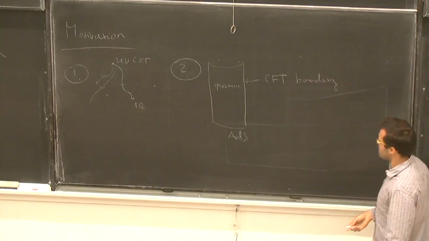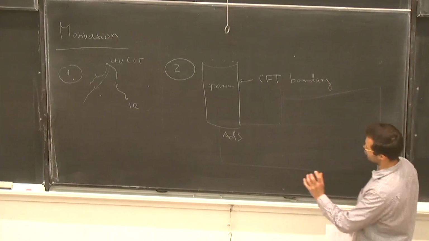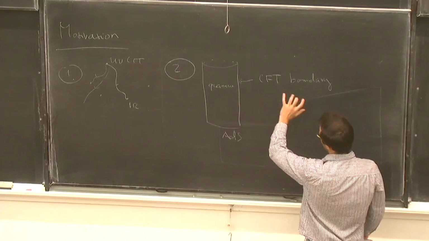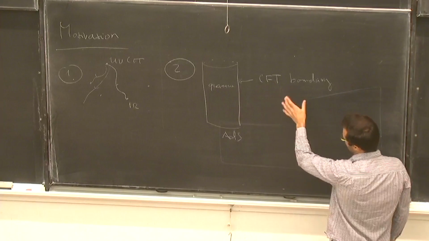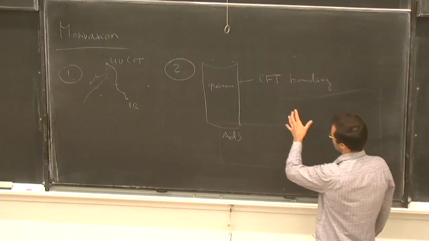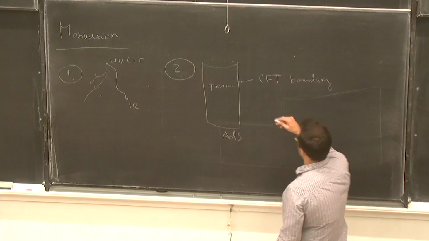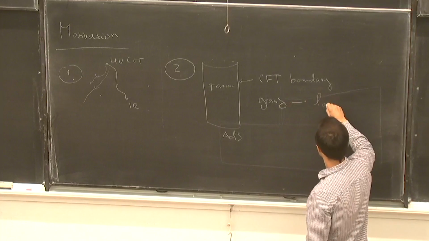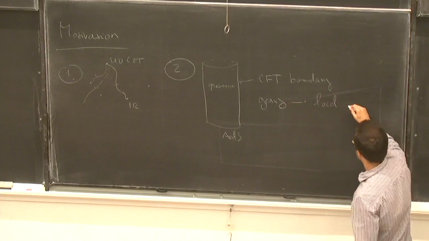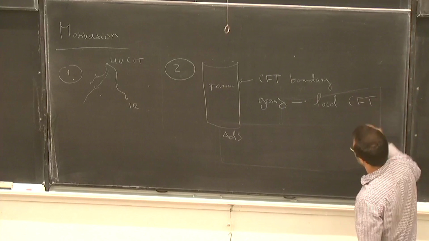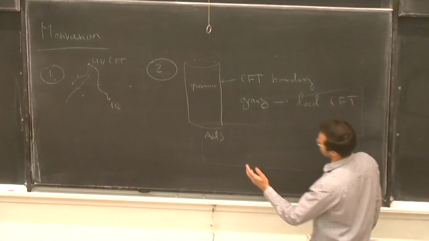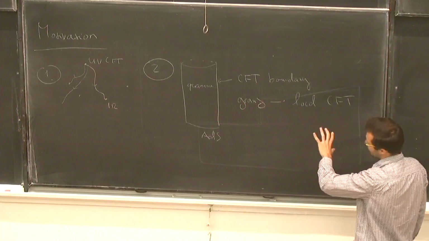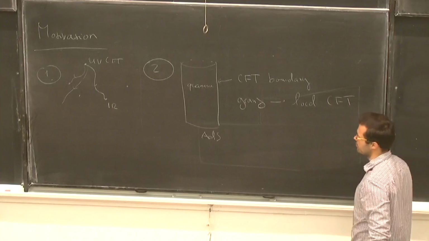And an important special case of this setup is when there is actually gravity inside AdS, which translates in this dictionary to the locality of the conformal field theory. And I'm going to explain later what locality exactly means. So if we have gravity in the bulk, that's the same thing as having a local CFT on the boundary. But as I said before, the setup is more general, and you can consider putting non-gravitational quantum field theories in AdS, and it is still described by a conformal invariant theory on the boundary.